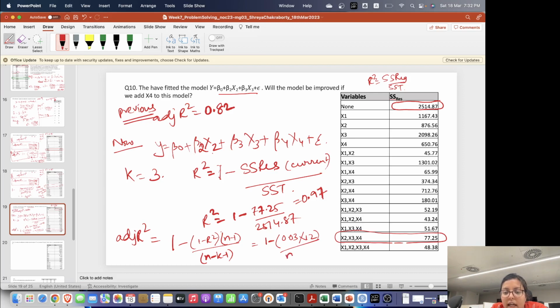Divided by 13 minus k is how many? 3, minus 1. So 1 minus 0.03 into 12 by 9. So how much is it coming to?